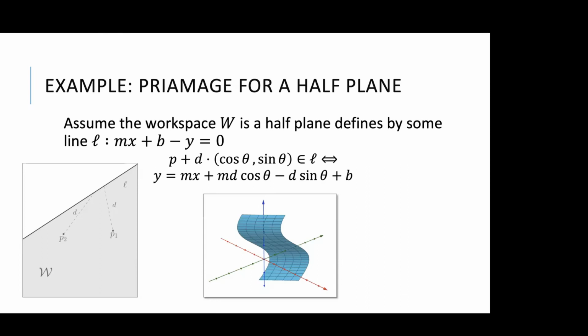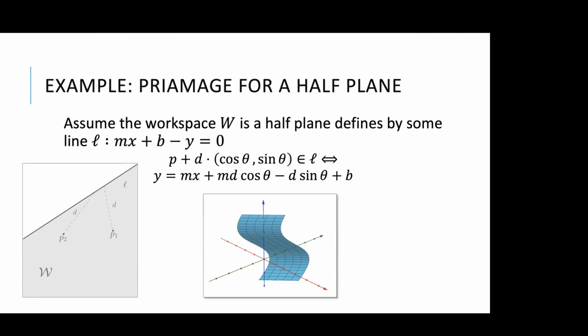This means that we got a measurement of D. We can solve the algebra, it's not that hard, and we get the equation that Y is free, and it is a function of X and theta. For this case, we get a ruled surface: for every value of X and theta, we get some altitude Y, as we can see in this picture.